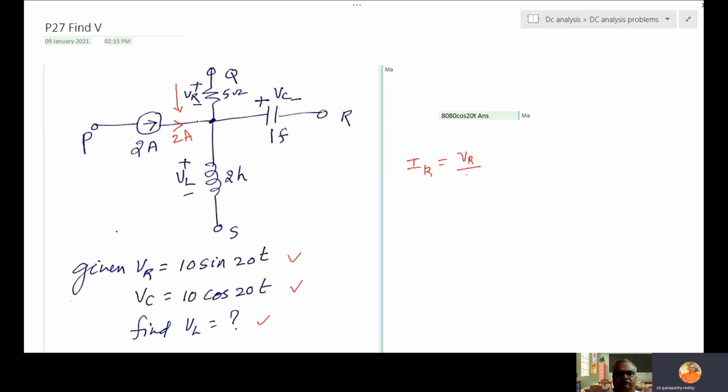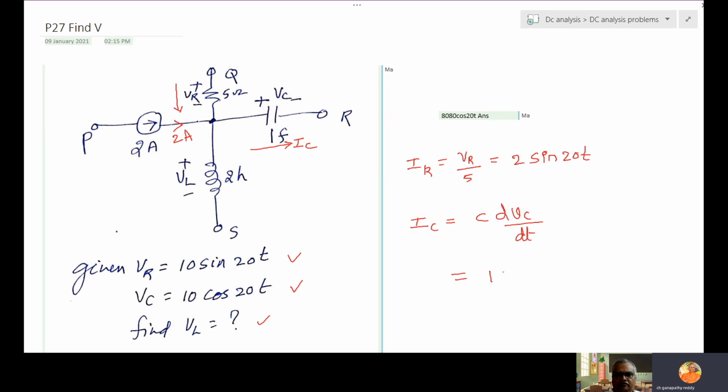IR is VR by 5. VR is 10 sin 20t, na? So it will be 2 sin 20t. Next, IC. How to find IC? IC is nothing but C dVc by dt.